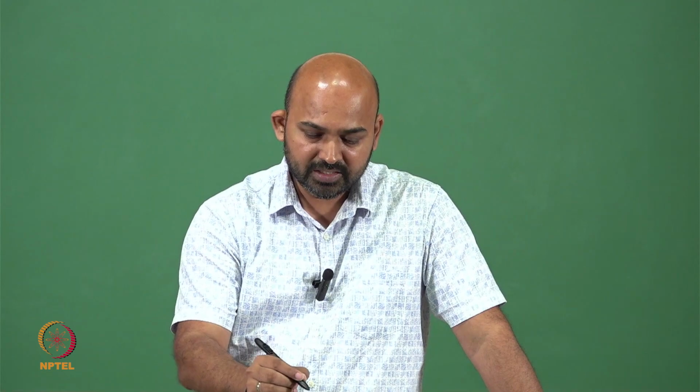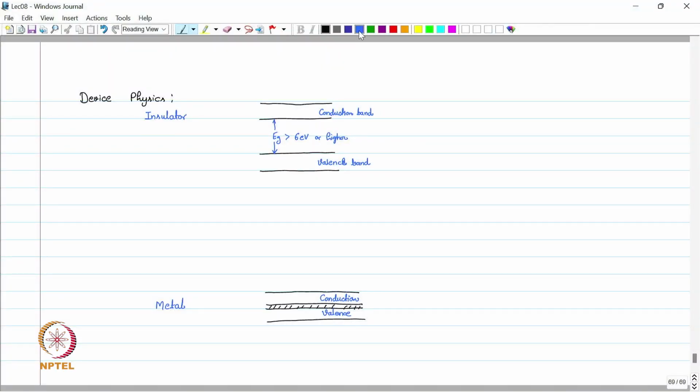The third case, which is a special case, is semiconductor. Semi means half, something like that. So it's a semiconductor. It means it can conduct or it cannot conduct depending upon external influences. So we have here conduction band and valence band, which are not overlapped.